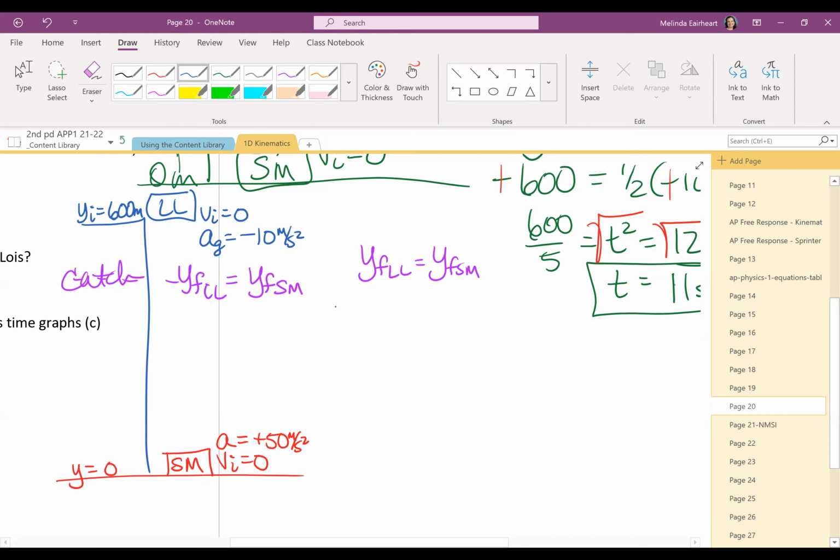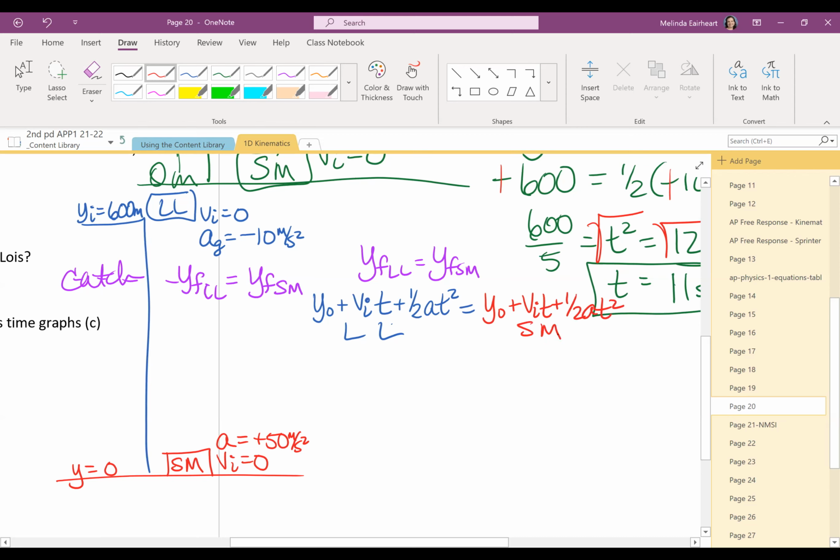And so Lois would be initial position plus initial velocity times time plus 1/2 at squared, and this is all Lois, equals Superman initial position, plus initial velocity times time, plus 1/2 at squared. And this is all Superman.